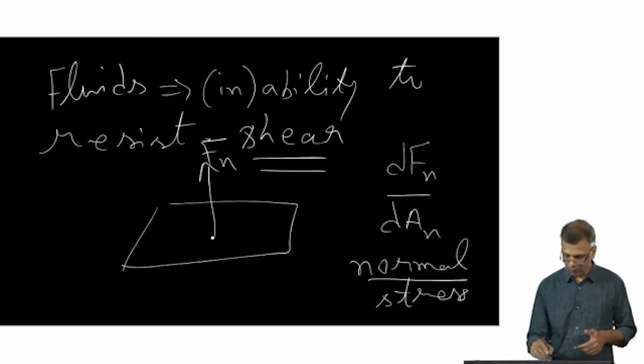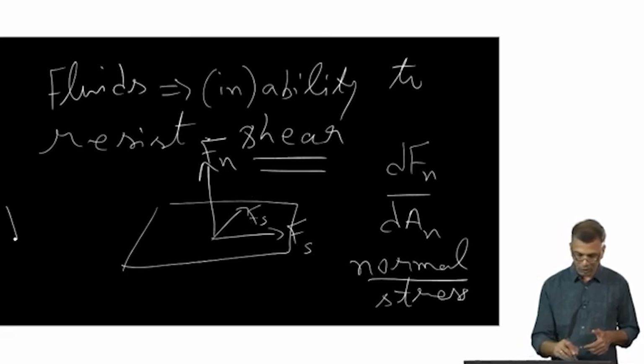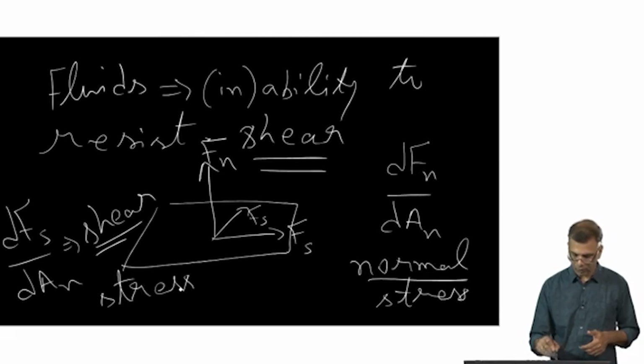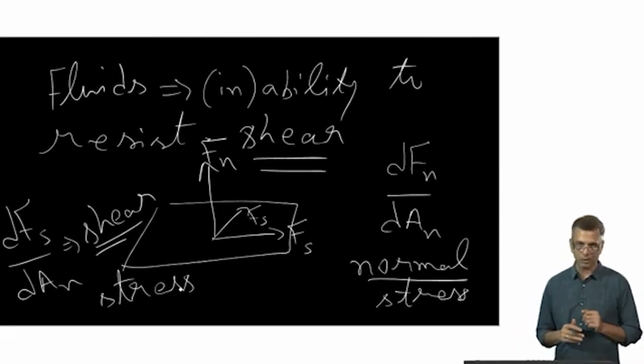Whereas if you have this or this, this is also Fs and this is also Fs. So dFs over dAn would be a shear stress. This is the difference between a normal stress and a shear stress.